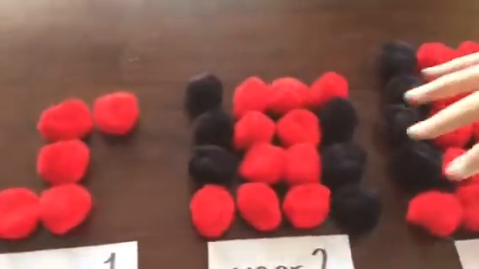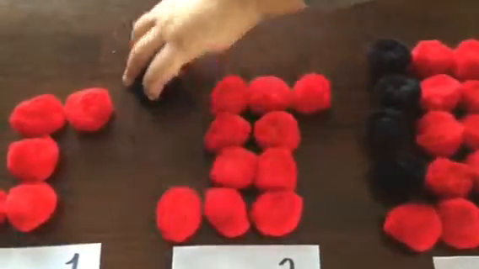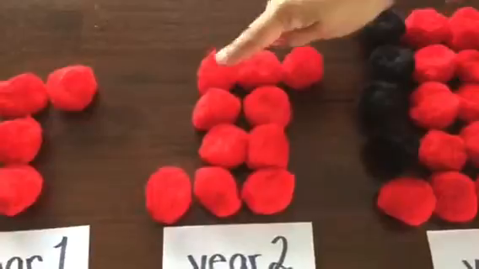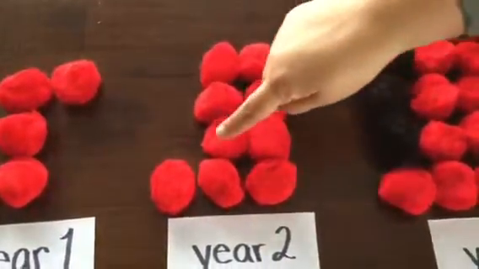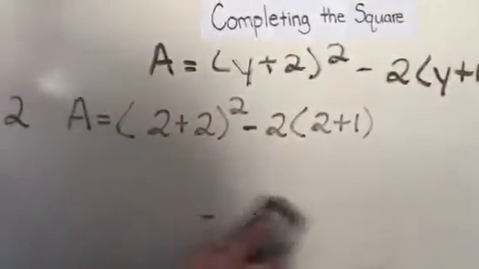Let's go back to our original garden for year 2 and see if we're correct. 1, 2, 3, 4, 5, 6, 7, 8, 9, 10. Great. Lastly, let's check for year 3.